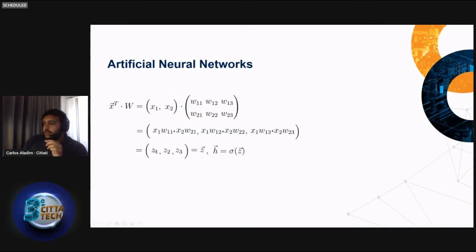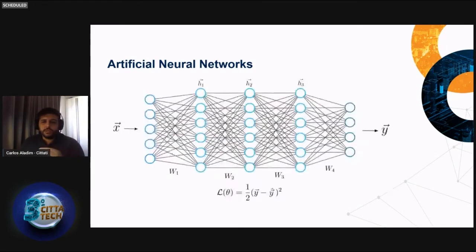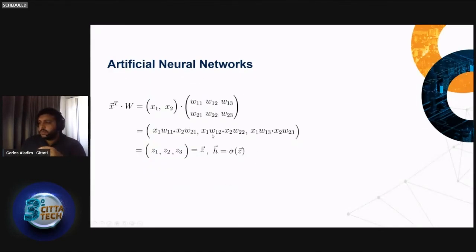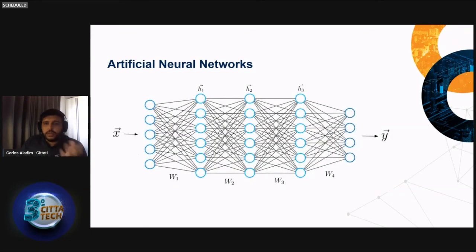So these are the transfer functions that we call Z, and after that we will apply a sigma function, that is the activation function, which will be the ReLU or the sigmoid or the hyperbolic tangent. And after we apply that, we will have an output that is the vector H1, H2, and H3 in that case.